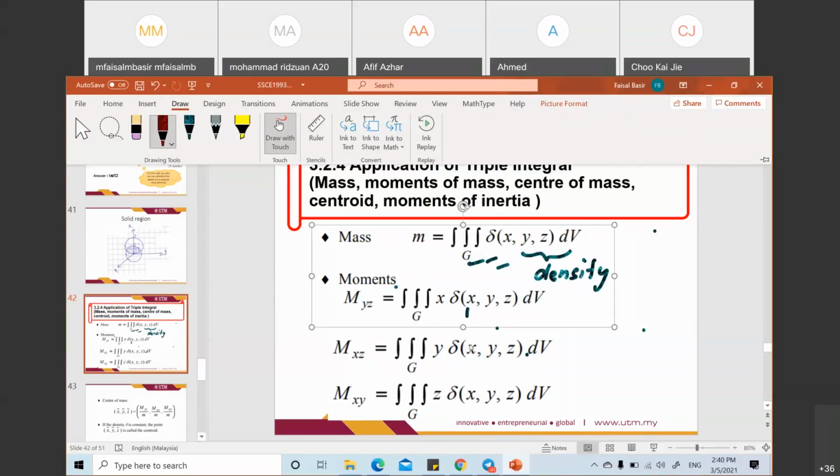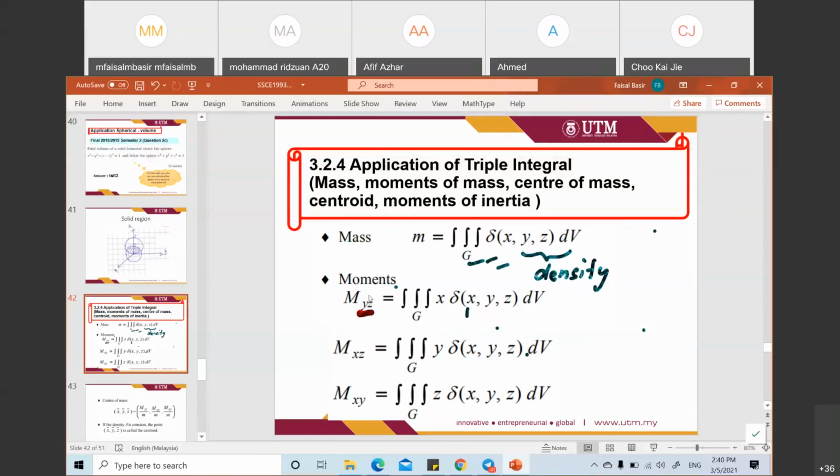Mxz will be y delta, and Mxy will be z delta. So you can see here, the alphabet missing is x, so you put x in. The missing alphabet will be y, put y here. And the alphabet missing for this will be z. Okay, so this is for moment and this is for mass.